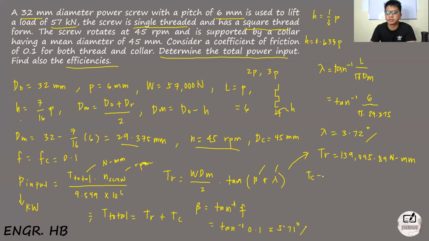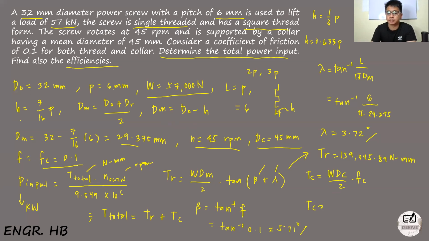So how about TC? So TC is just a direct sub WDC divided by 2 times FC. So TC is equal to 57,000 times DC. Nasa yung DC natin, 45 mm divided by 2 times the FC, which is this. So W, 57,000 times DC, 45 mm times FC, 0.1 divided by 2.